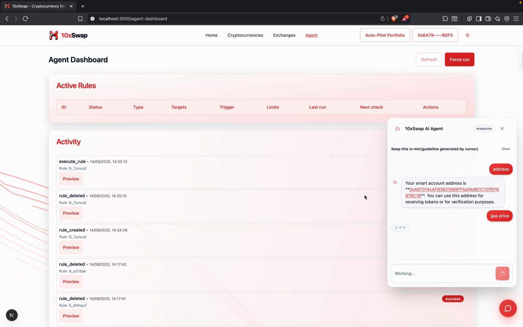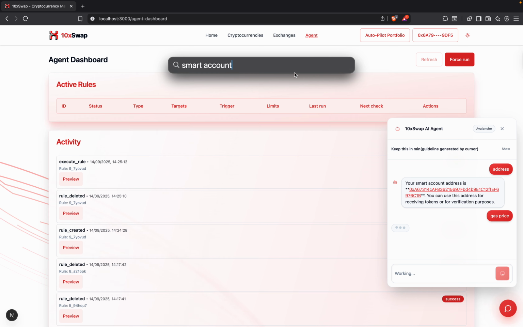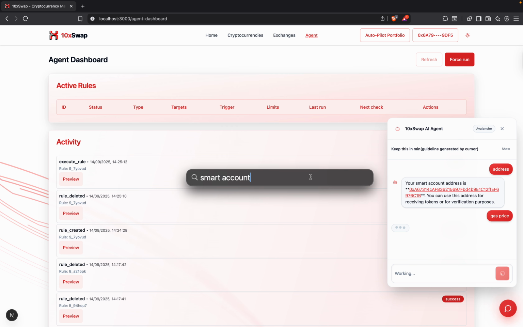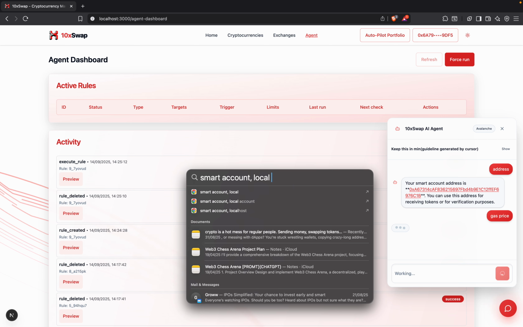It can give you the address of your wallet, and it can even give the gas price. Now, how are the coins stored? The coins are stored in a smart account as it uses 0x gasless fees. Basically, it's a 0x gasless agent key.